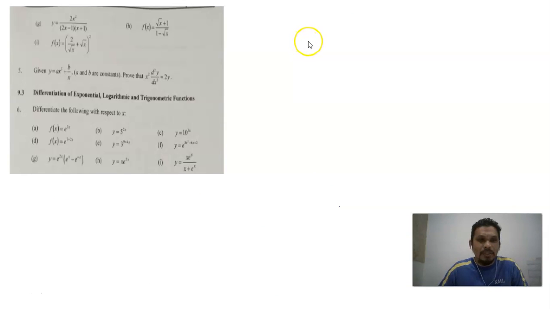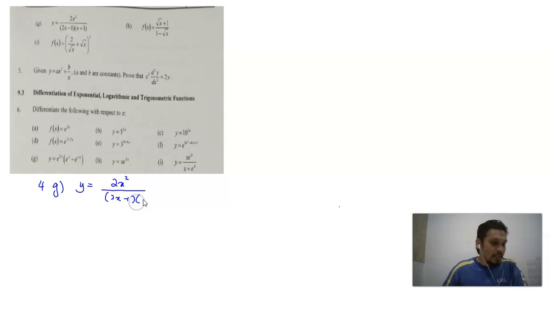Okay, now question 4g. y equal to 2x squared divided by (2x minus 1) and (x plus 1).